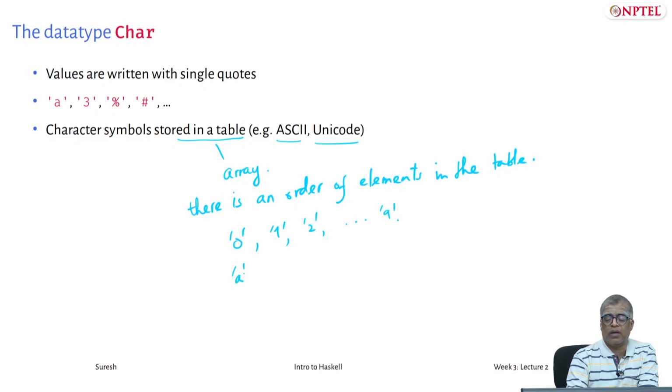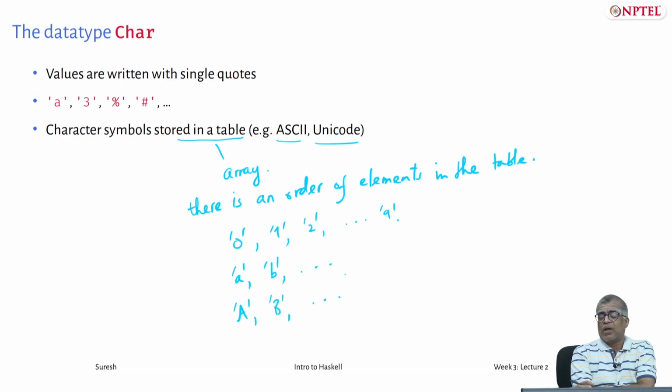The character small a will be stored right before the character small b. The character capital A will be stored right before the character capital B. But one does not immediately remember the order between small a and capital A or the order between 0 and small a. And nor do you need to remember these orders.